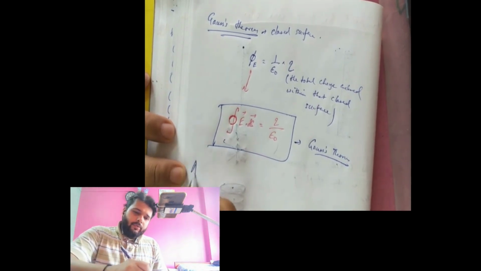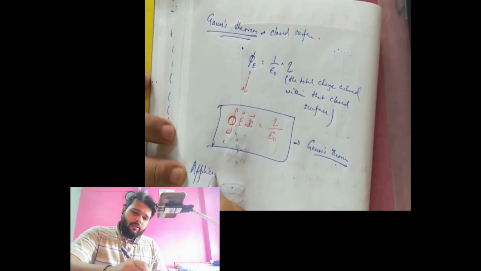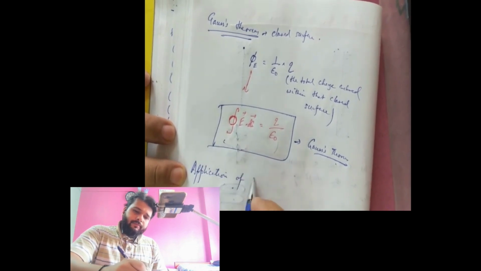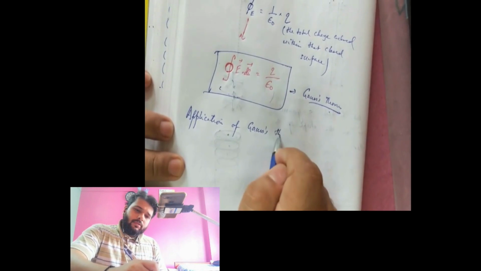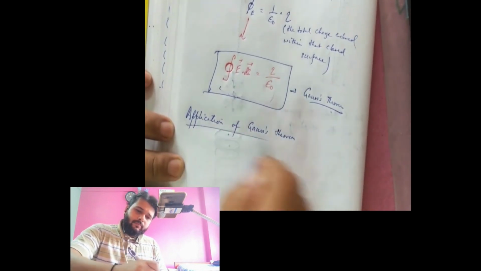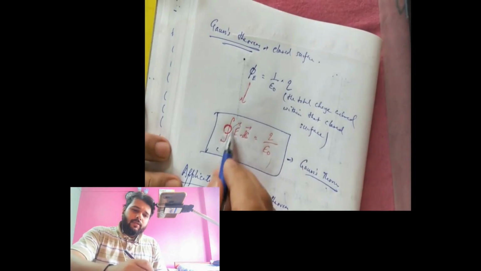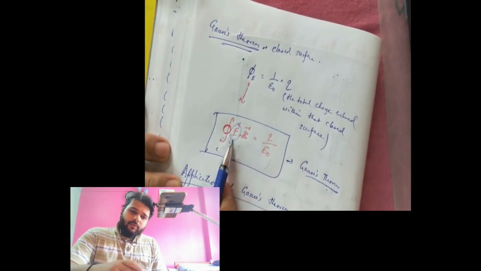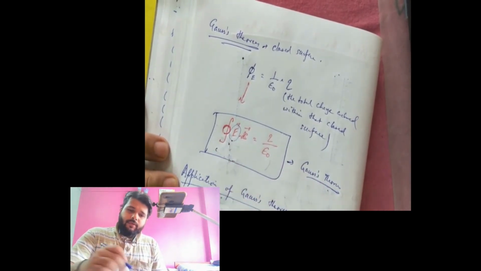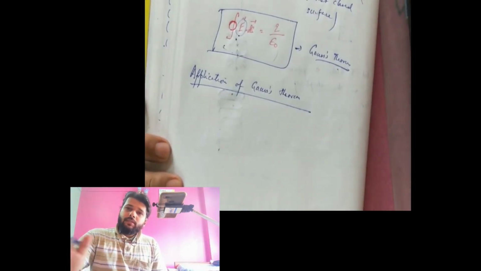Today we are going to do application of Gauss's theorem. Now, in application of Gauss's theorem, we are just going to find out the electric field, because there is the electric field in the Gauss's theorem. So we are going to find out this electric field due to charge distribution.